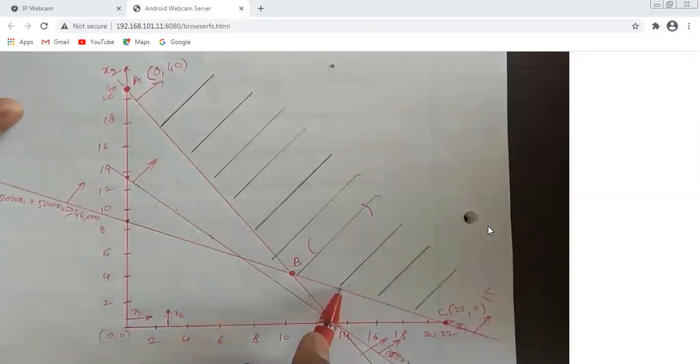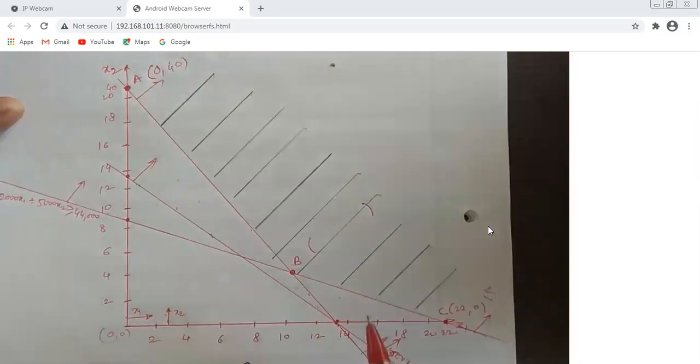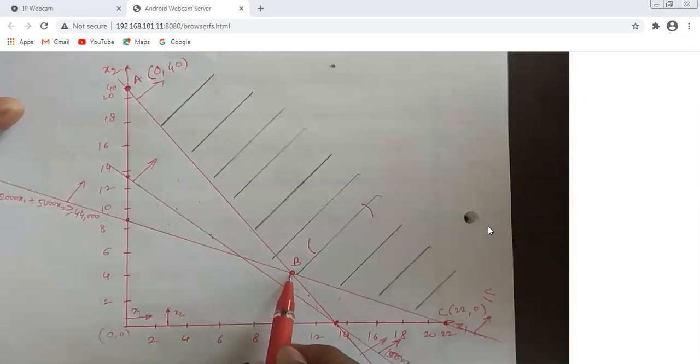So simply, we have to equate the equations of these two lines. I am repeating again. We have to select the lines which are passing through these particular points. We know that this line and this line are passing through this point. Next, we have to equate these two lines' equations.